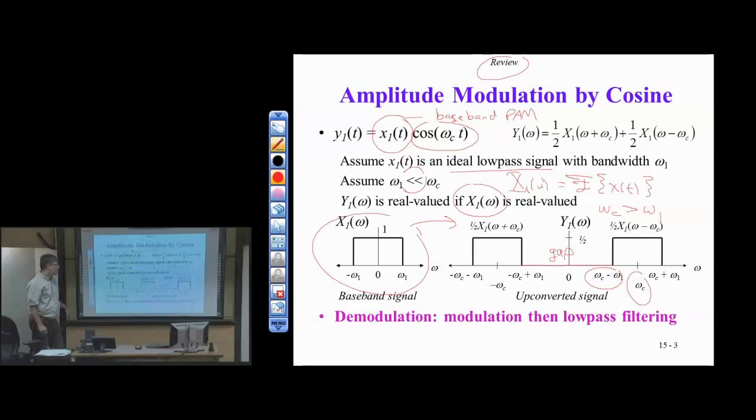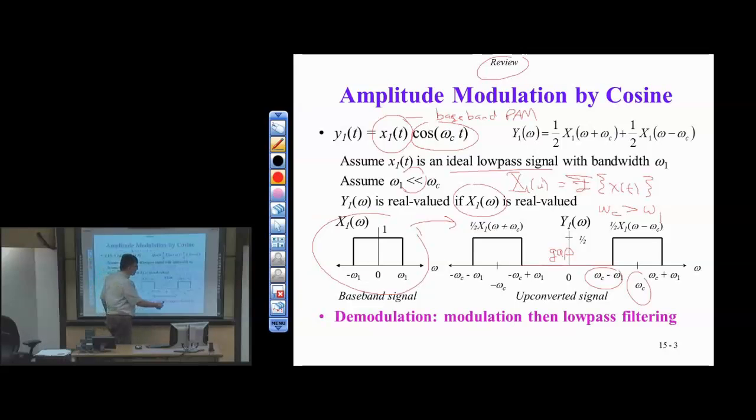Now, in practice, we know that these pulse shapes, whatever we use, are not going to be ideally band limited. Of course, they are going to die off. There's going to be some stop band, and so forth. So really, what this means is we want the stop band to be still in positive frequencies, so that the DC component is very little. In fact, generally, it's going to be 0. The average value here will be 0 if symbols are equally likely in our PAM constellation, or QAM constellation.